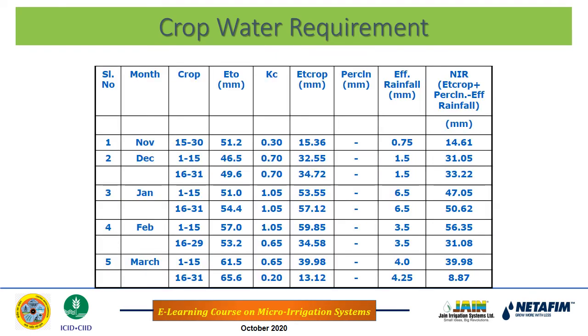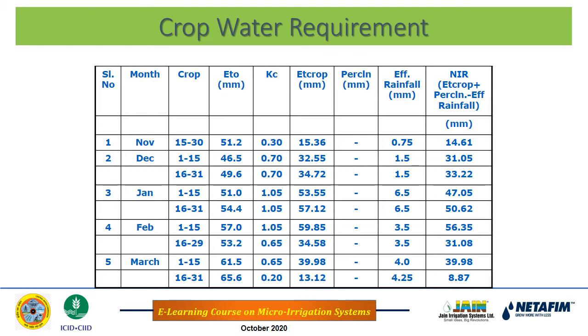water requirement for the crop? Here you see these months have been divided into fortnights. Then the ET0 values were per day, so if we multiply them by the number of days, we get this ET0 value in millimeters of depth. So that would be the ET0 values corresponding to those fortnights of the months.